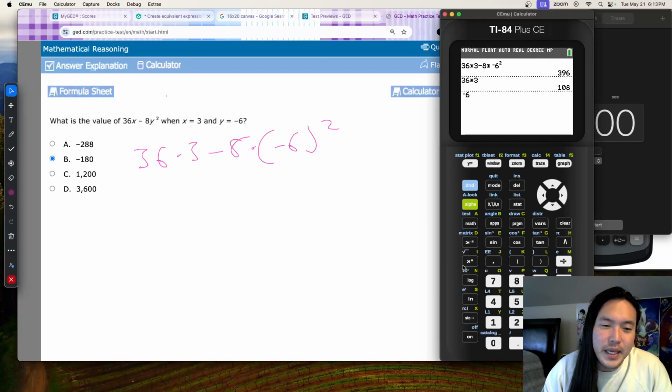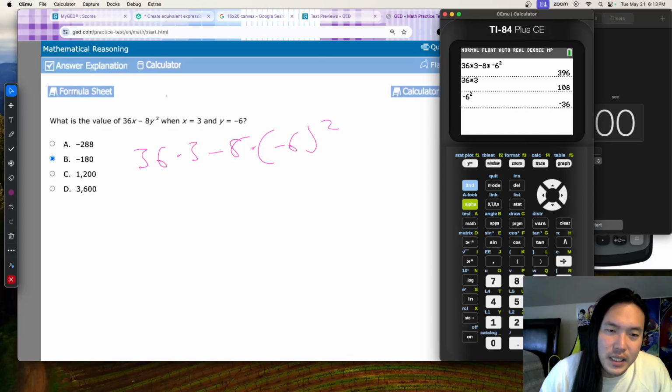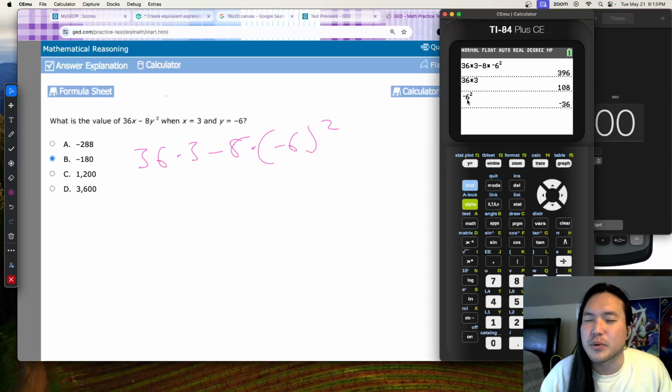And then here, this is definitely something about the calculator that you need to know. You cannot type in negative 6 squared like this. Negative 6 squared, the calculator thinks that's negative 36. That's because the calculator follows the basic order of operations. When it sees negative 6 squared, it thinks, oh, we're going to do the exponent first, and then we're going to multiply that by negative 1. The calculator interprets the negative symbol as a multiplication operator, and so it does that second, because in the order of operations, PEMDAS, exponents come before multiplication.